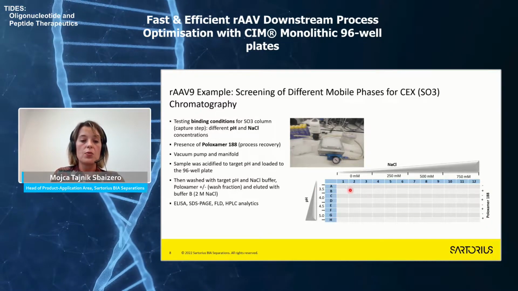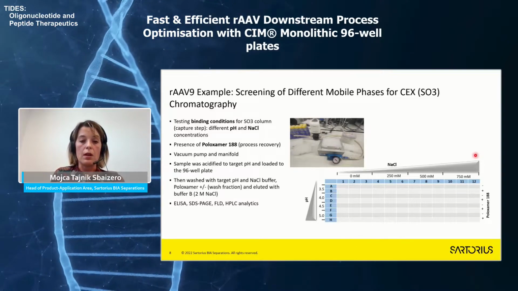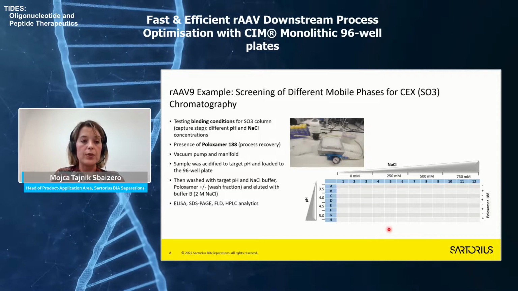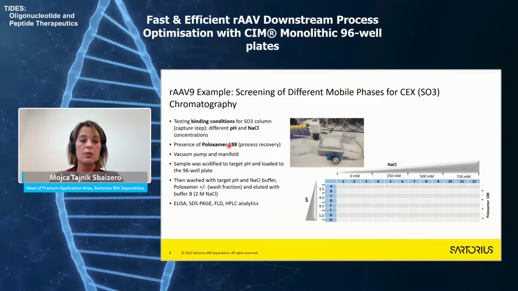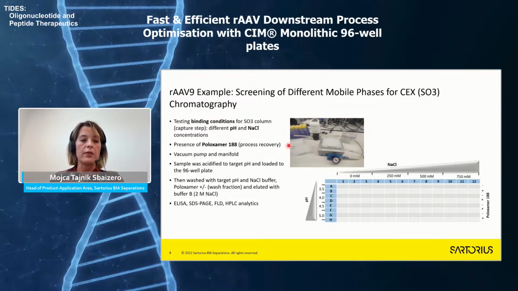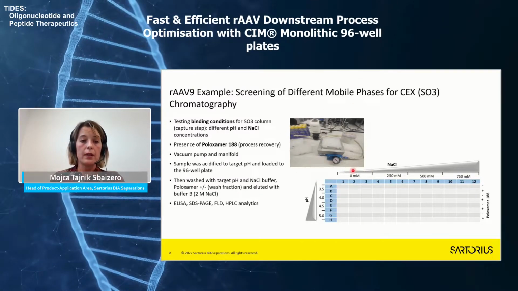All conditions were tested in triplicates, and we put all of these conditions on one 96 well plate. The presence of poloxamer was studied to see if it has an effect on the process recovery. We use this at laboratory scale.